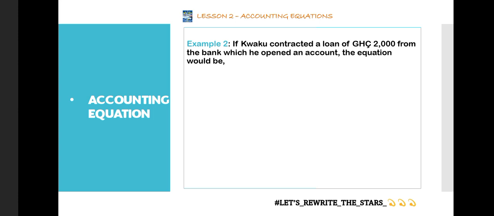So now he went to contract a loan of 2,000 Ghana cedis from the bank, where he opened an account. So he went for a loan in addition to the property he already had, which he used to purchase the motor vehicle. Now he went for a loan and he used it to open a bank account.